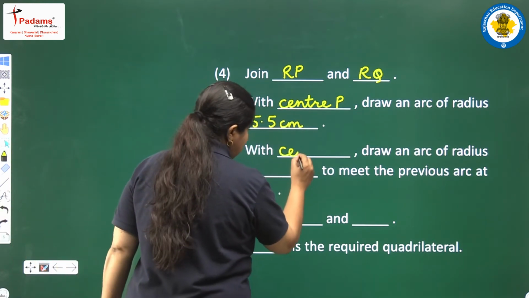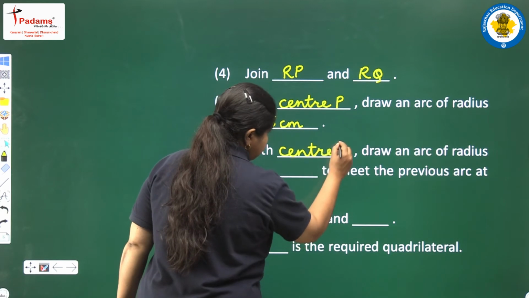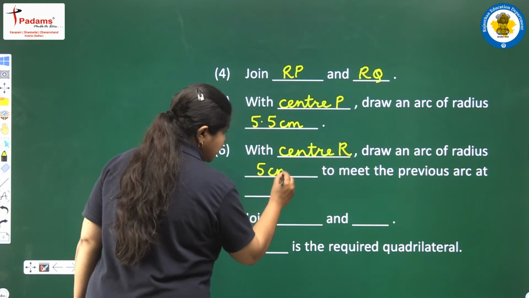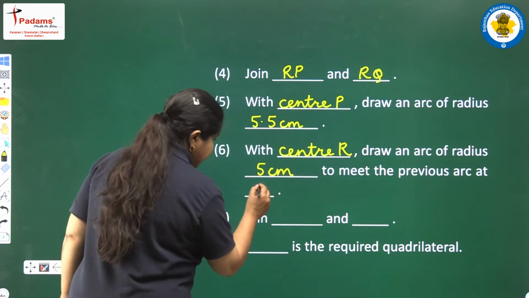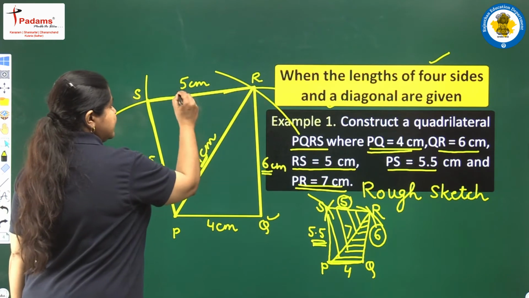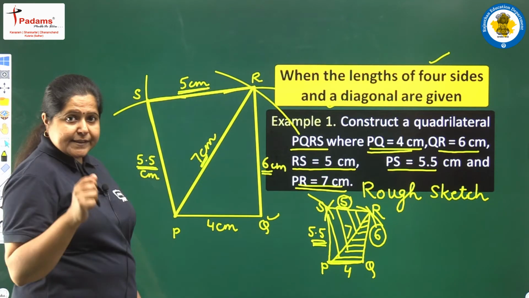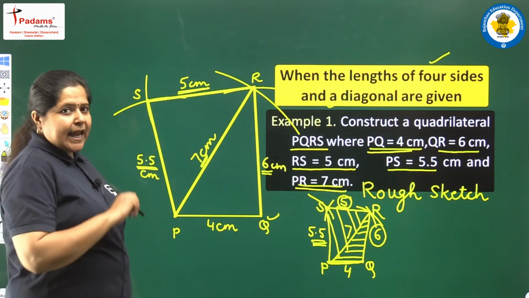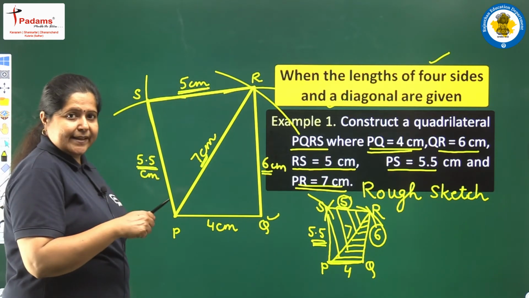With center R, draw an arc of radius 5 centimeter to meet the previous arc at point S. You can see, with center R, draw an arc of radius 5 centimeter, and then these two arcs were meeting at point S, and so we wrote the name S there.